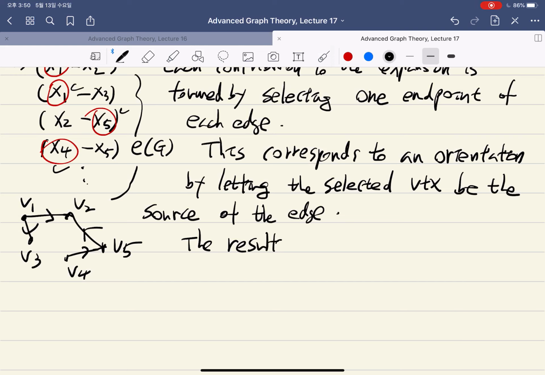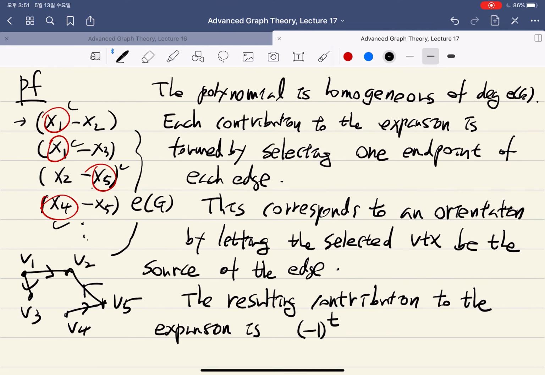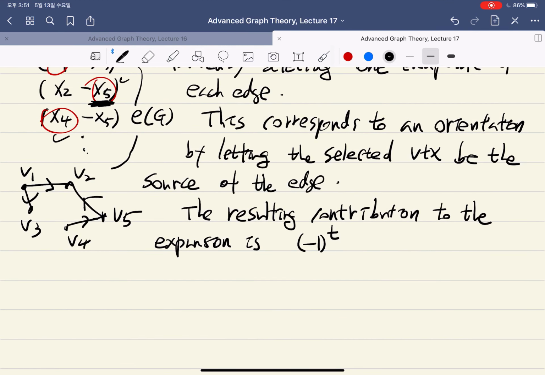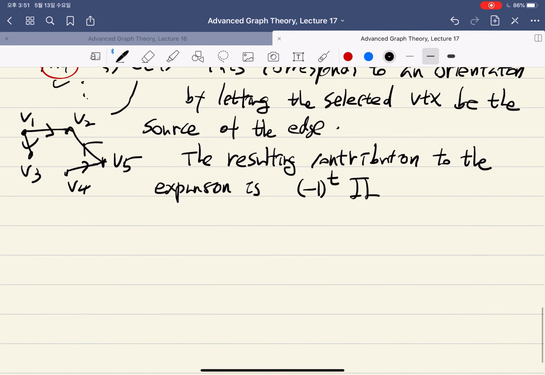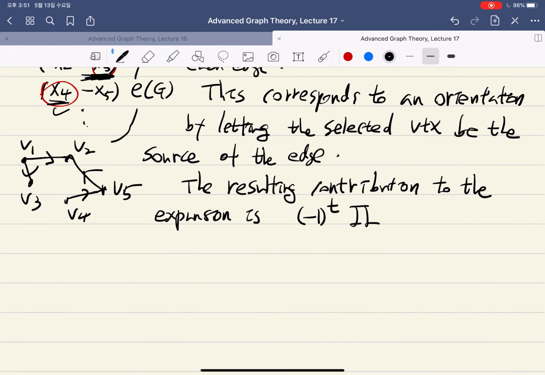The resulting contribution to the expansion is -1 to the t. So you count the number of times that we selected the bigger one; that's t. Because this term is negative and this term is positive, you multiply by the negative term this many times.